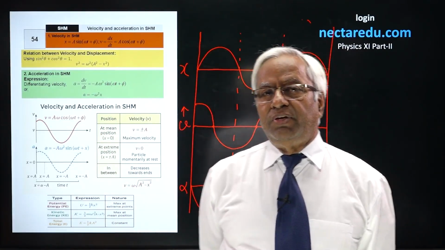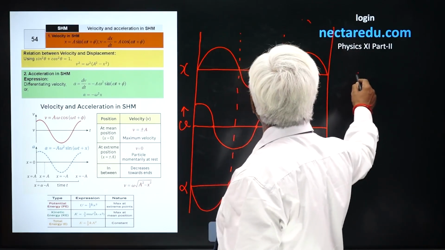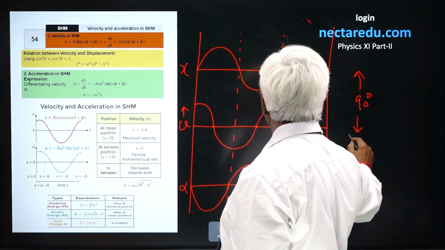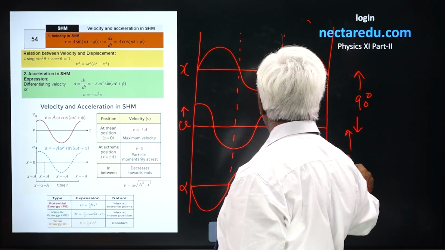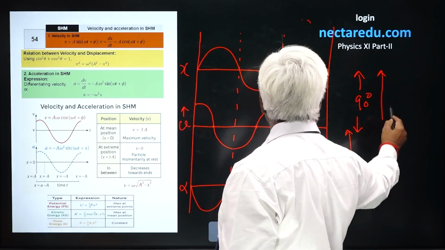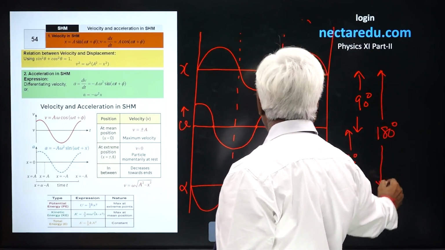You see the phase difference between displacement and velocity. This is 90 degrees, as I told you. Then the phase difference between velocity and acceleration is again 90 degrees. So overall the phase difference between displacement and acceleration is 180 degrees.